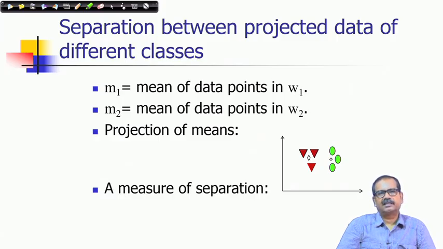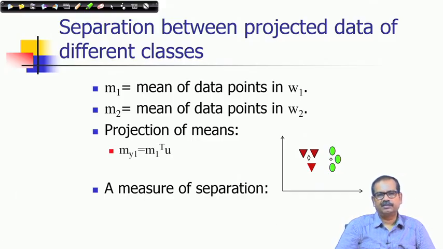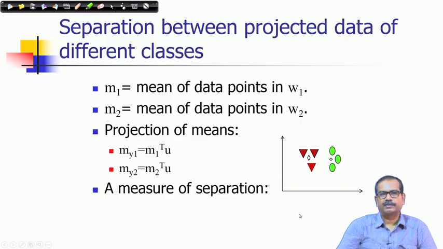In this case, let us consider the mean of data points in class W1 as M1 and the mean of data points in class W2 as M2. The projections of these means along this direction u can be computed as the projection of the mean vectors along u, that is M1 transpose u and M2 transpose u.